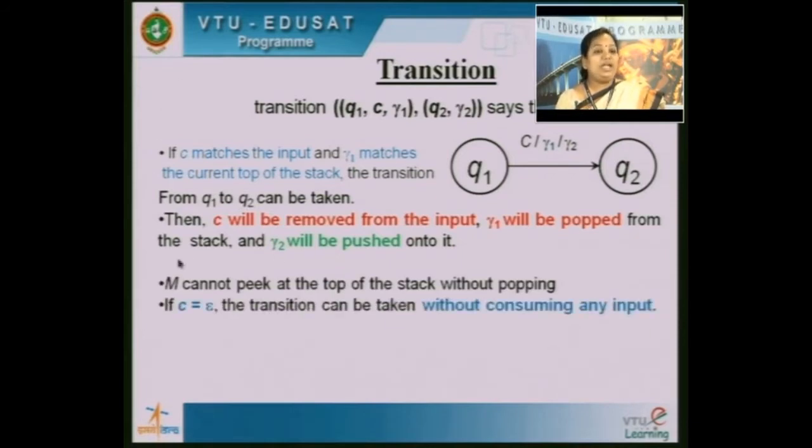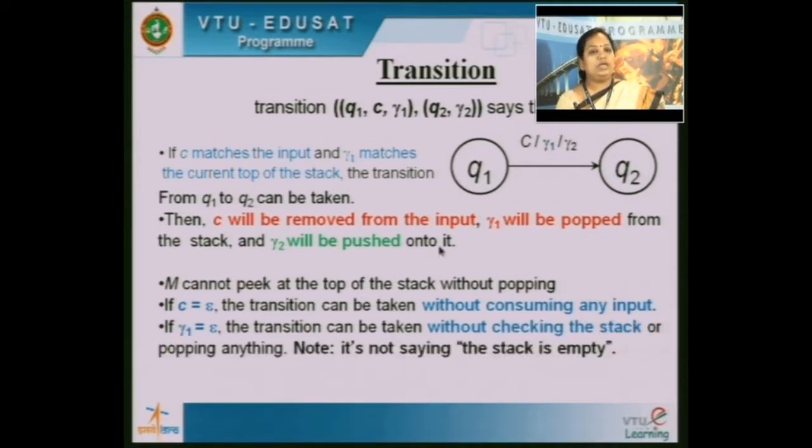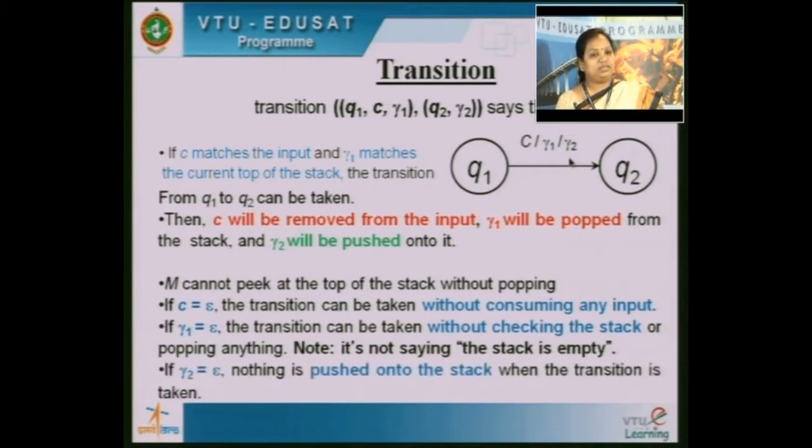But what if c is epsilon? It means that without consuming the input, it will move from q1 to q2. Next, if gamma1 is epsilon, it means that without checking the current status of the stack, whatever the content of the stack may be, we move from state q1 to q2 and push gamma2 into the stack.